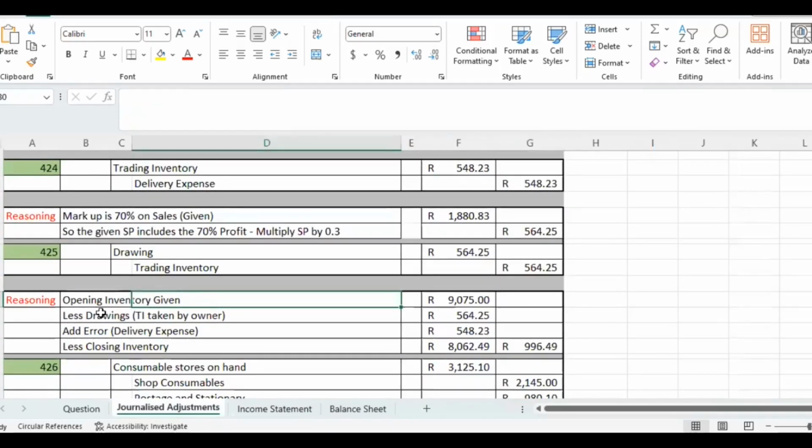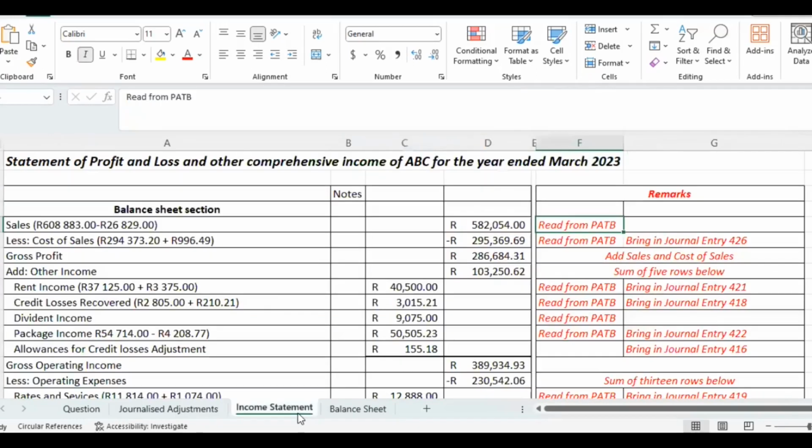It's the drawing taken by the owner, remember? This drawing will affect our cost of sales, so we have to account for that in the income statement. So we bring in journal entry 426. Our cost of sales has actually increased by 996.49 when he makes a drawing.